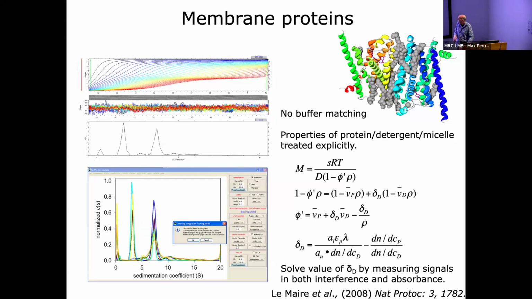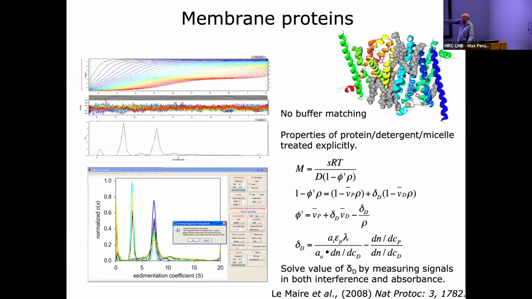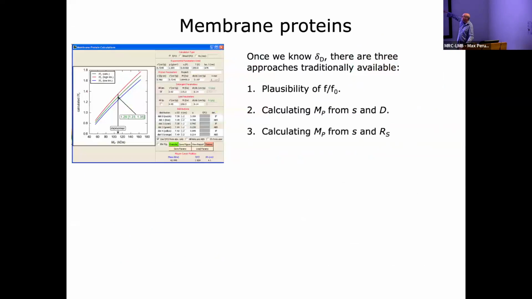We put all the constants in, and then we put in what the absorbance is from the different detection systems, and this program will calculate what the mass of your protein is. If we look at this lambda d, it will also work out, from the different signals, what proportion of detergent or lipid you've got on there.